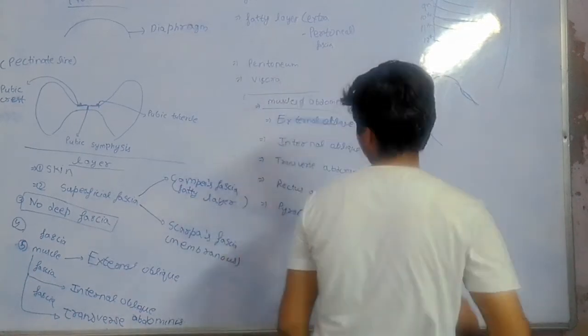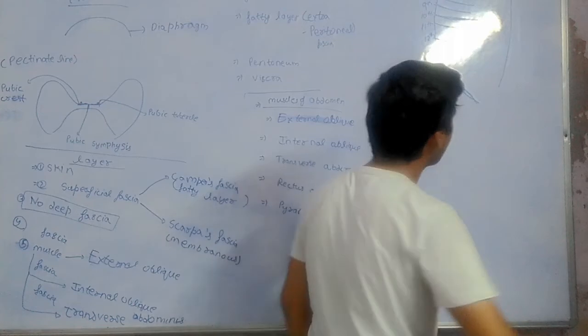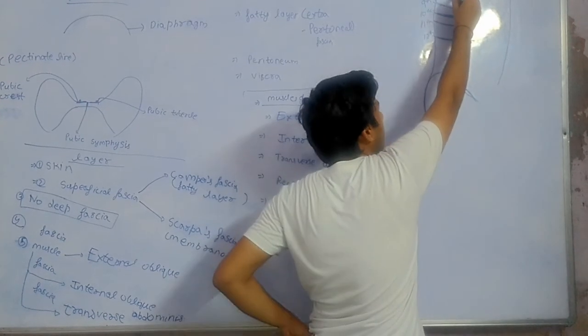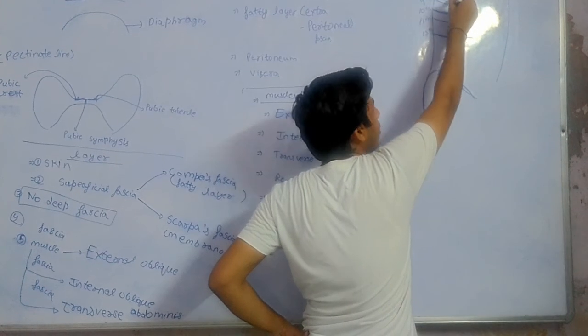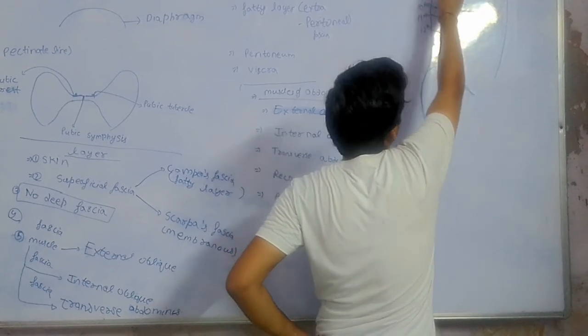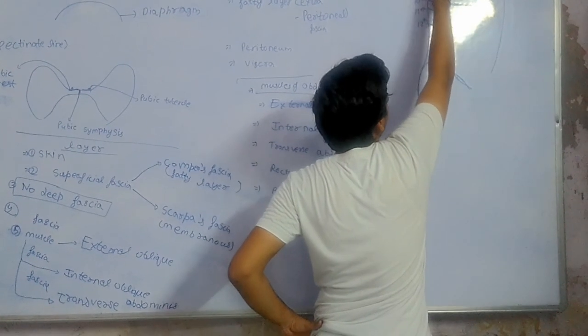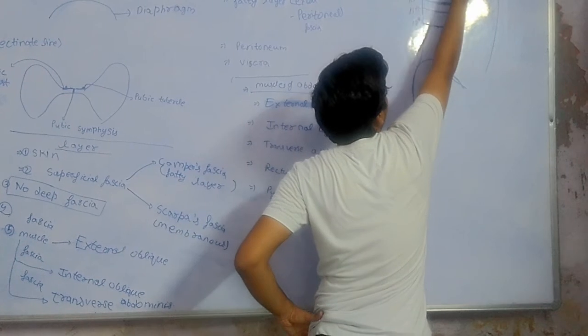So first we cover the external oblique origin. It takes origin from ribs, lower border of lower 6 ribs. 8 ribs basically. These are 6 ribs, some 8 ribs odd. This is 6th rib, and again 5th rib.